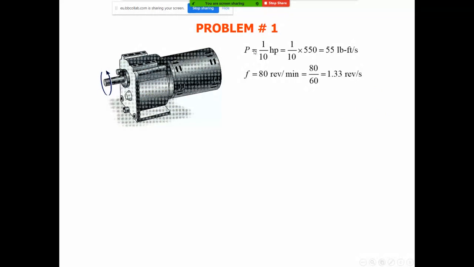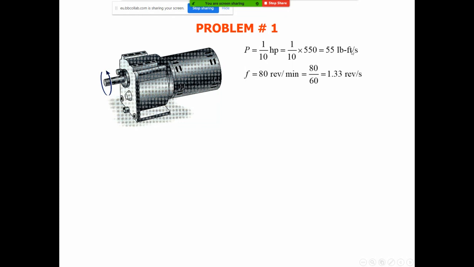So this is the power. We should convert it into pound foot per second, okay, by multiplying by 550; the horsepower should be converted into pound foot per second. The frequency is 80 revolutions per minute, okay.